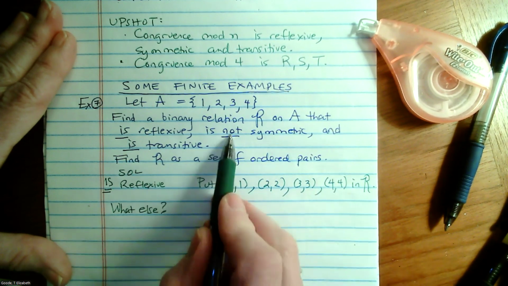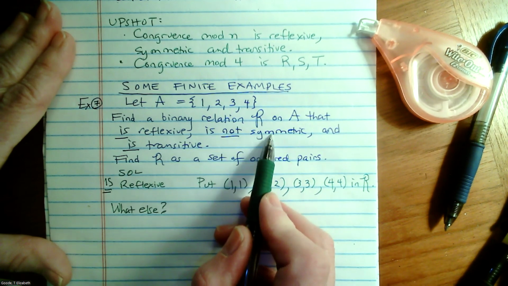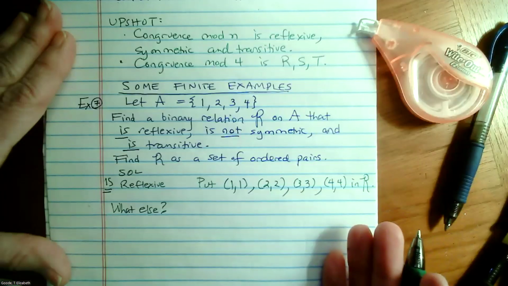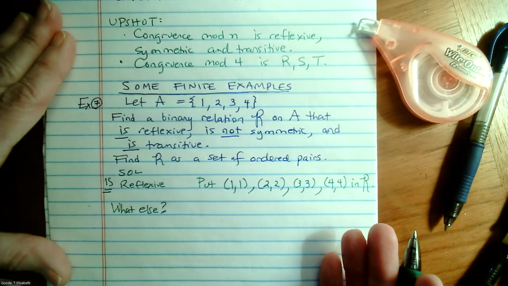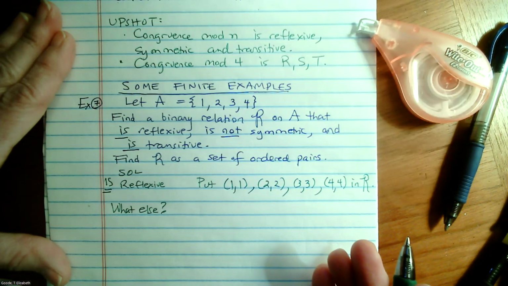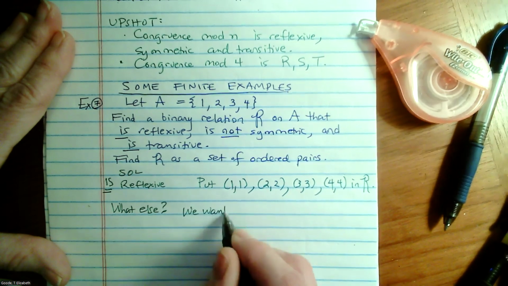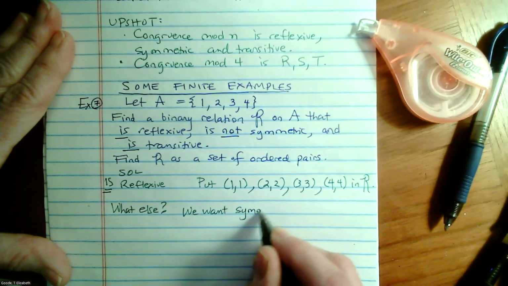But we want it to be not symmetric. So we need to add something in that's going to make symmetry fail. Any ideas? Remember the definition of symmetry?